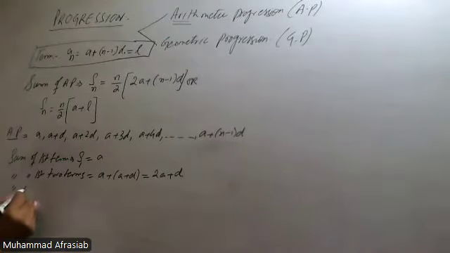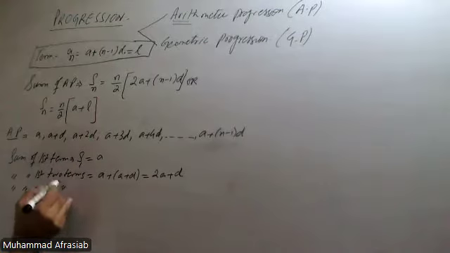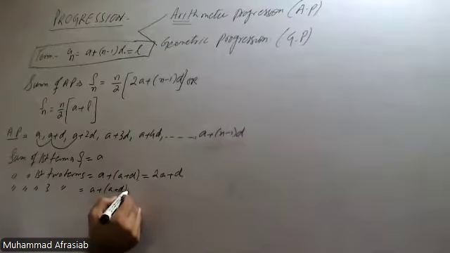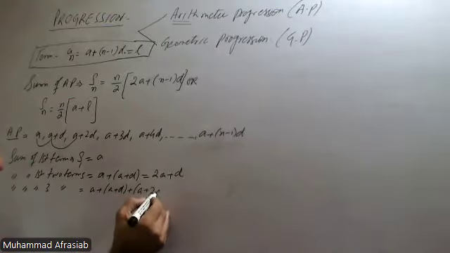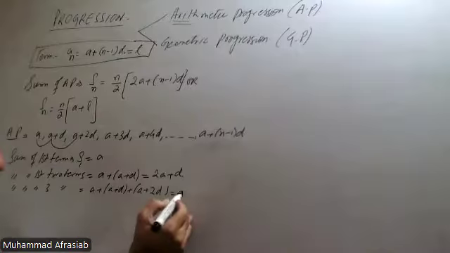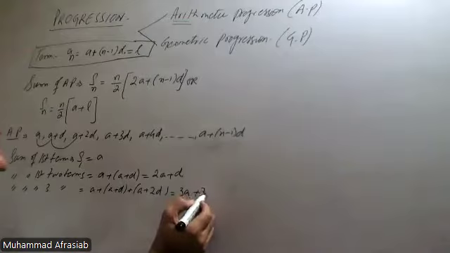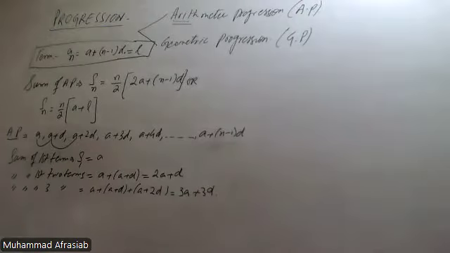The sum of the first three terms is a, plus a plus d, plus a plus 2d, and that is equal to 3a plus d plus 2d, that is 3d.